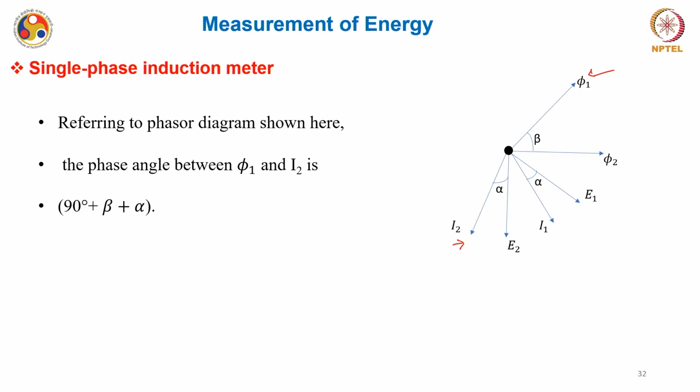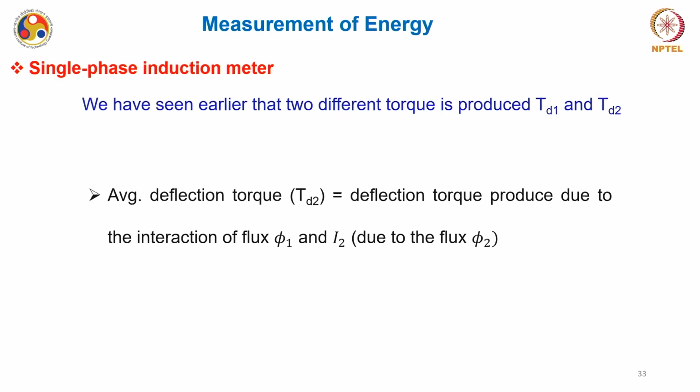So this can be calculated. If we calculate this, this will come to be 90 plus beta plus alpha. So this will be the phase angle between the flux phi 1 and the current I2, similar to what we have seen earlier. It was 90 minus beta plus alpha.